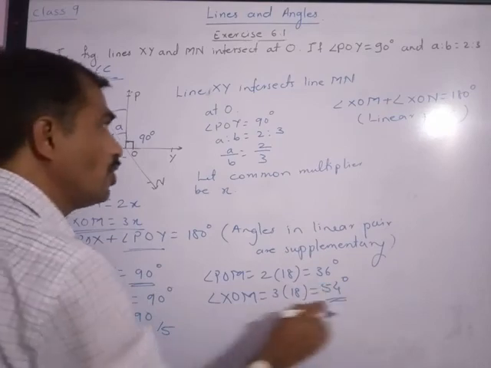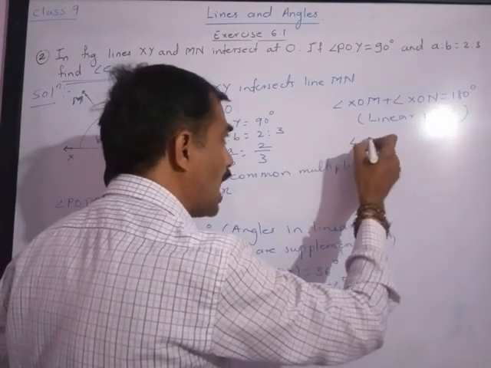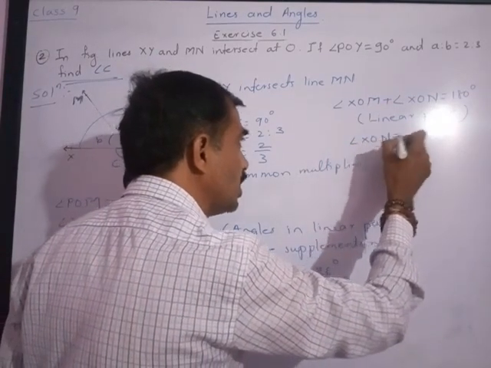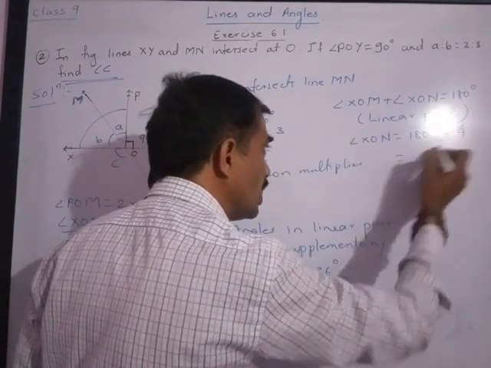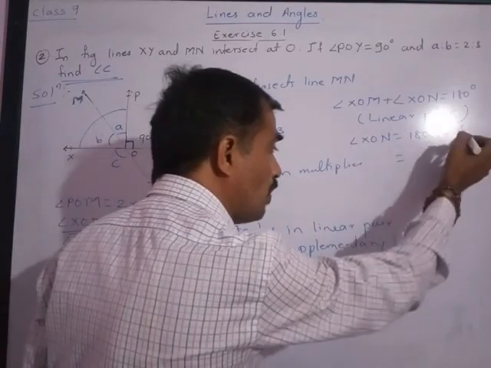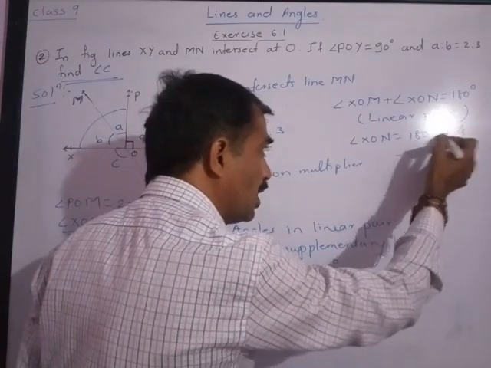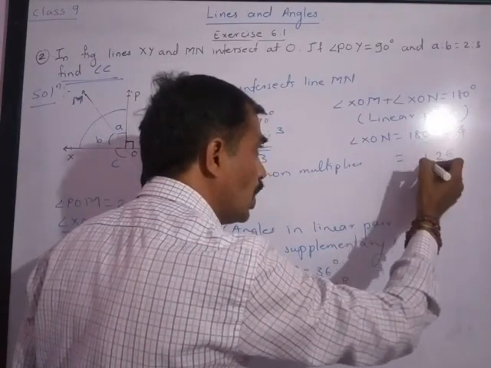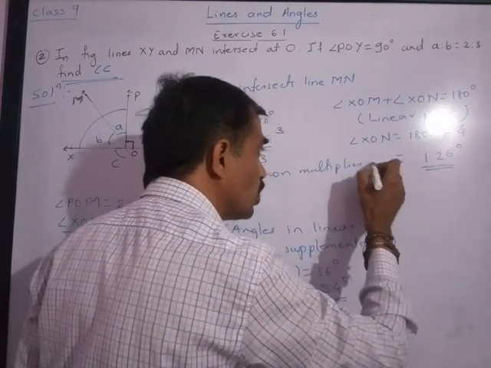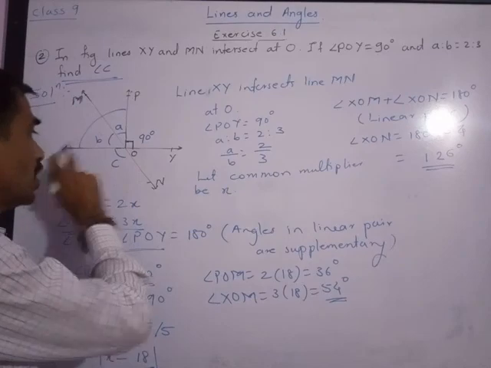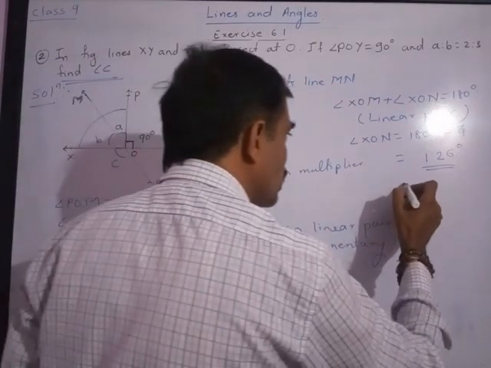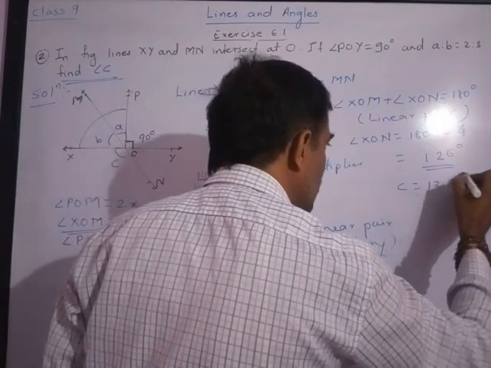XOM is equal to 54 degrees. So angle XON is equal to 180 minus 54. So this is equal to 126 degrees. So angle XON is equal to 126 degrees. It means XON means angle c. So c is equal to 126 degrees.